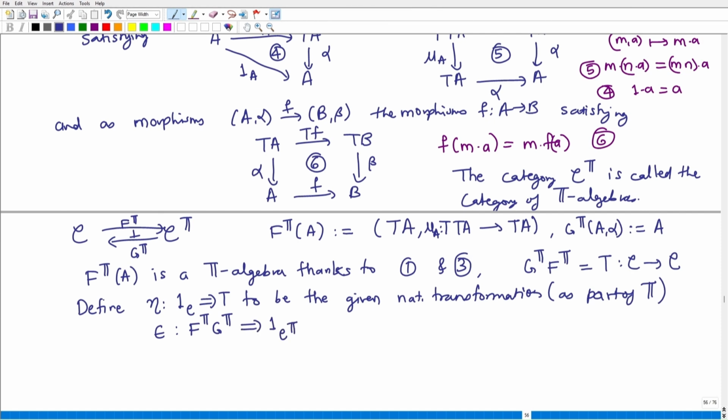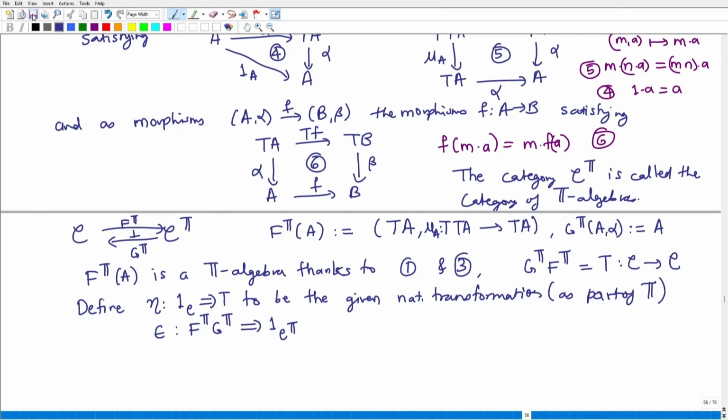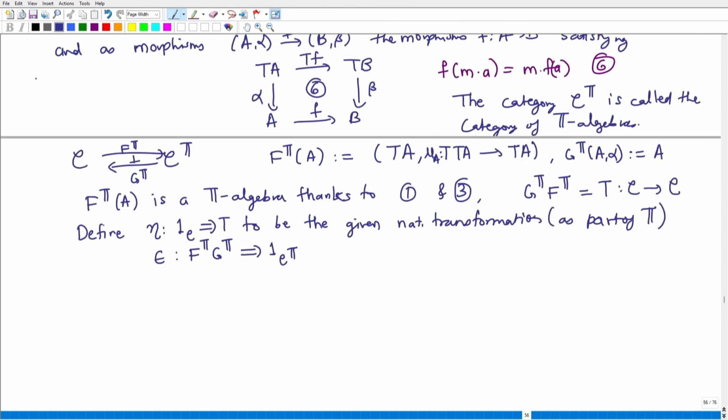Okay, we haven't yet verified that it is an adjunction. We are in the process of verifying that. Okay, so we have to define this particular epsilon given by the data.